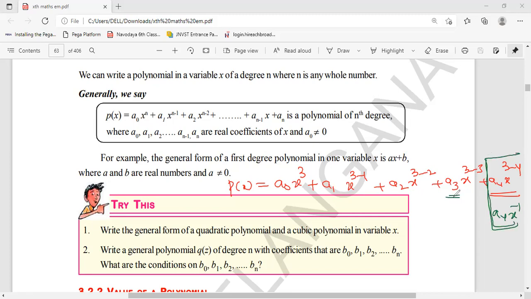So we have to consider up to here, where n is equal to 3. We got 4 terms, 1, 2, 3, 4. Okay.